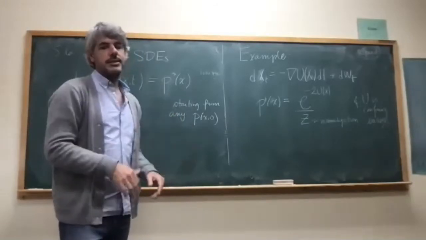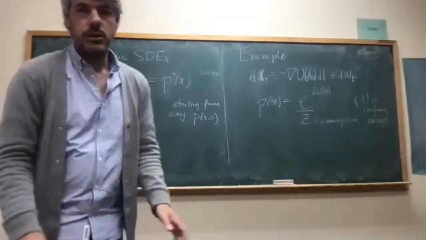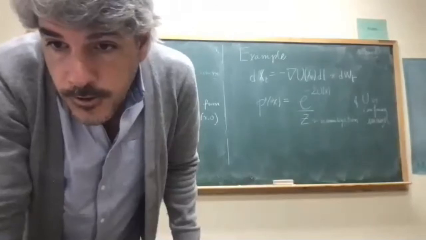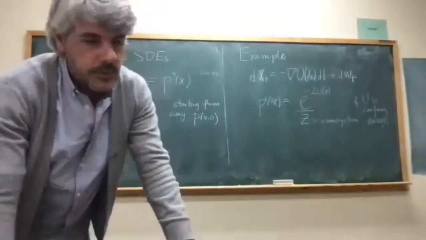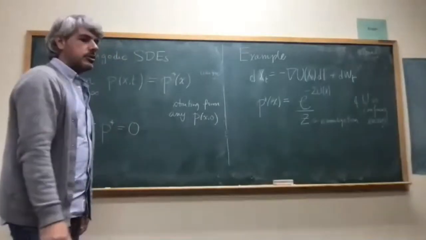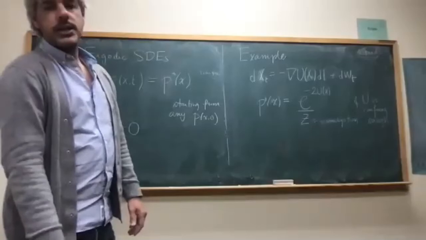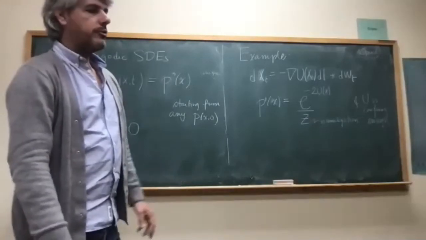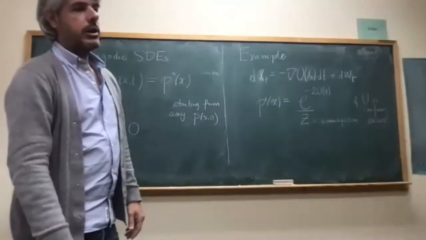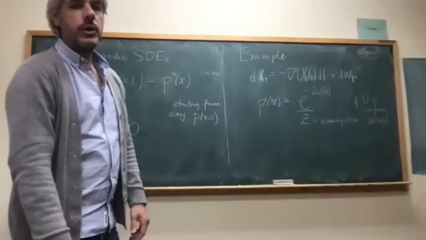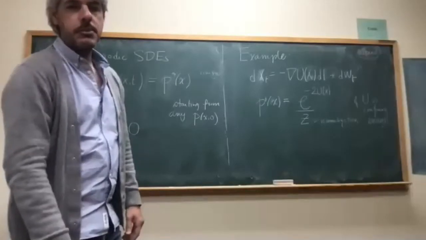You can also check in simulation whether a process is ergodic or not. So uniqueness of the P star will be to say that the Fokker-Planck equation has a unique solution. And maybe you can prove this mathematically, maybe you can check it numerically to some extent. It's a difficult question actually to check uniqueness of that PDE.